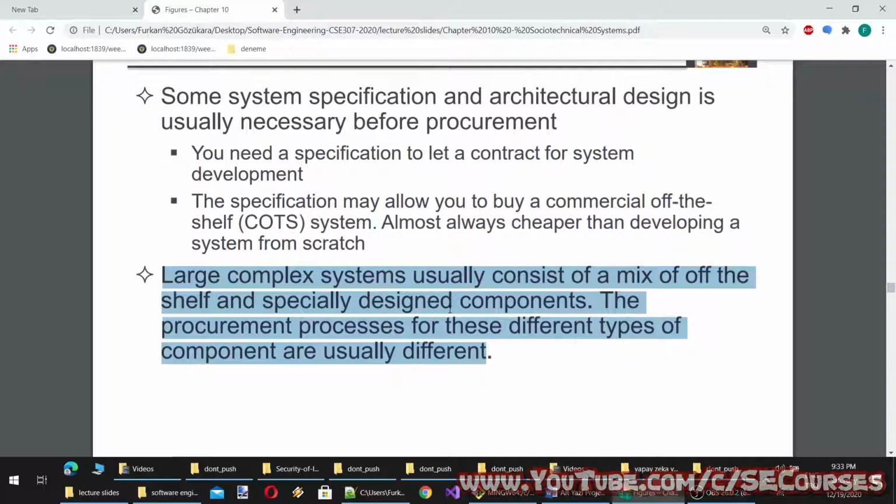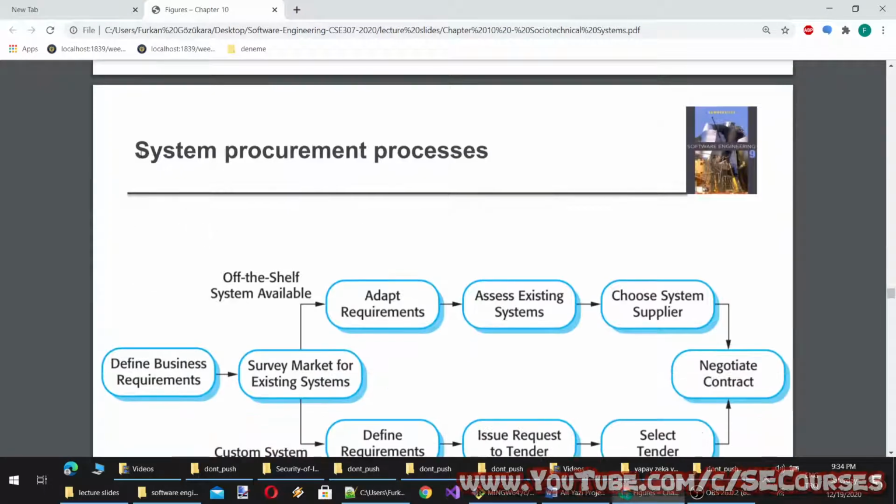Therefore you would buy a license for a graphics engine and use it, and you would also develop some other parts with your development team, or you may buy assets as well. So it is a mix of off-the-shelf and specially designed components, usually in large and complex systems.